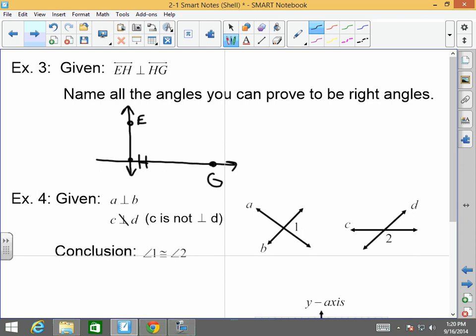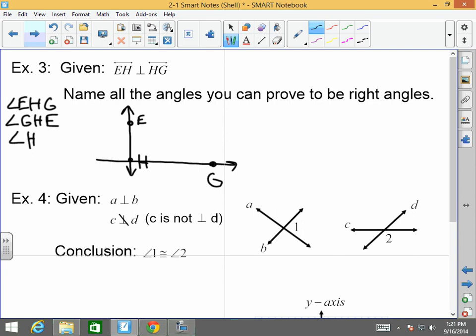Be careful. Okay, so what are the congruent angles here? Not congruent. What are the right angles here, guys? Angle EHG, or you could call it angle GHE, or you could call it angle H. Okay?